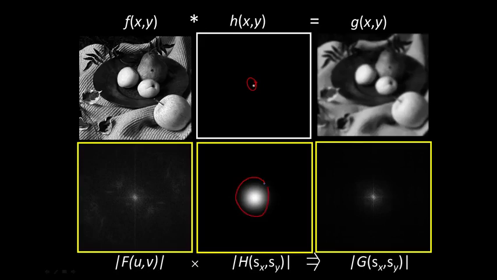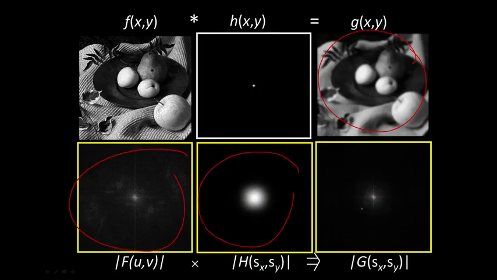Then we multiply this times this, and what that's going to do is keep the areas in the middle, which you see here, but attenuate the areas on the outside. So it reduces the high frequencies. In fact, to recover this image, I could have taken the Fourier transform here, multiplied it by this one, gotten this, and recovered back.